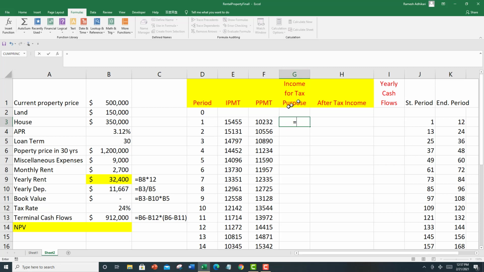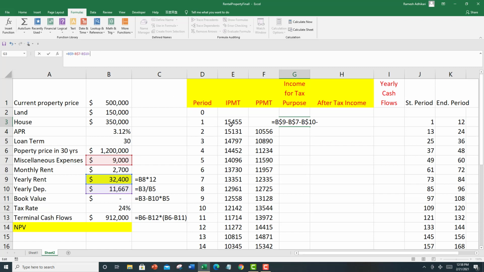Therefore it's going to be income is just like yearly rent, which is 32,400, and this is going to be same for the rest of the period. So I'm going to put that $, and minus your miscellaneous expenses, right, which is B7, that is also going to be constant. So I'm going to put the $, in between that letter and number, and minus your depreciation, which is B10, and put the $, okay, and minus your I payment.